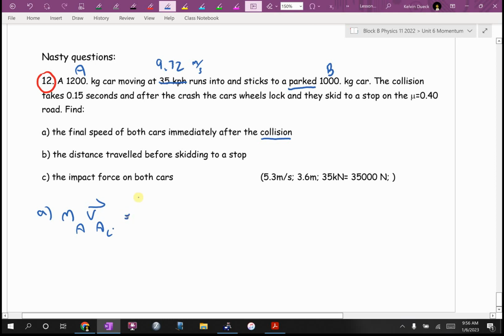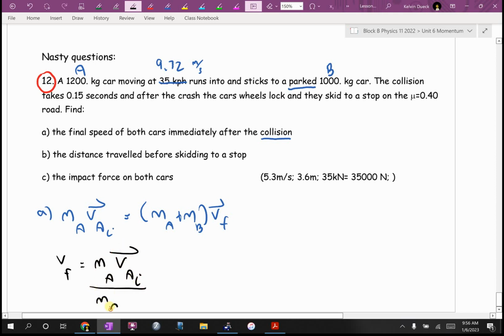And then it says they stuck together. So the fact that they stick together says mass A plus mass B, V final. So the final speed immediately after the collision is going to be the mass of car A, initial velocity of car A, divided by the mass of both of them.